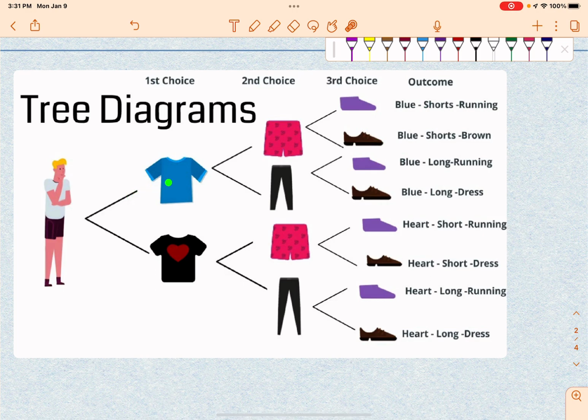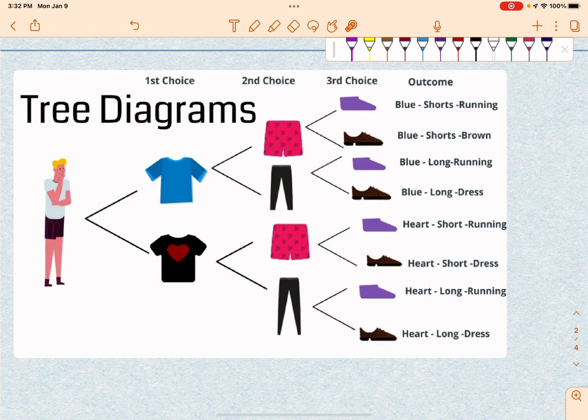So they could have a blue shirt with shorts with a running shoe, or a blue shirt with shorts with a brown shoe, a blue shirt with pants that has a running shoe, a blue shirt with pants that has the brown dress shoe. If I have the heart shirt, I can have shorts or pants.